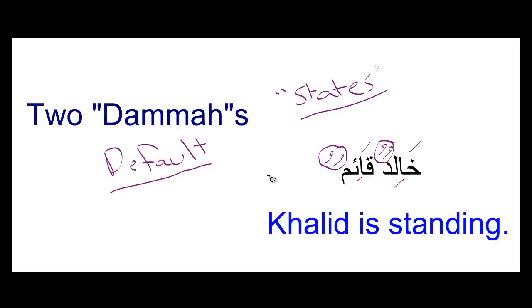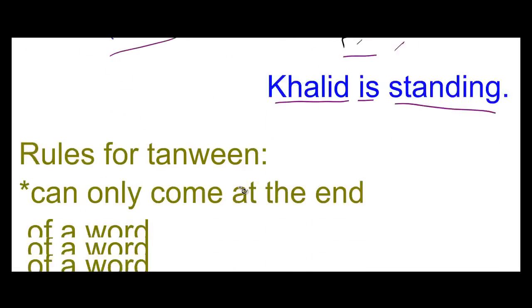And what are those states, and what does it mean by default state, and what does it mean when nothing is changing the state? Well, we'll get into that once we start that subject. But for now, just know that these dhammas represent the default state, and they give us a normal meaning. So khalidun qa'imun, qa'im means standing. So this sentence means Khalid is standing.